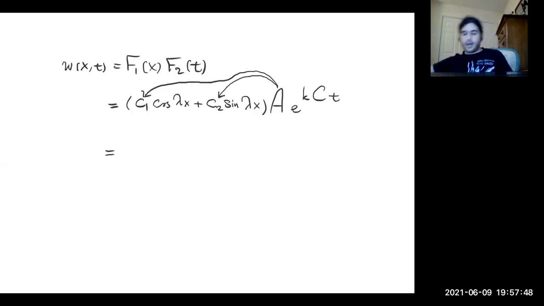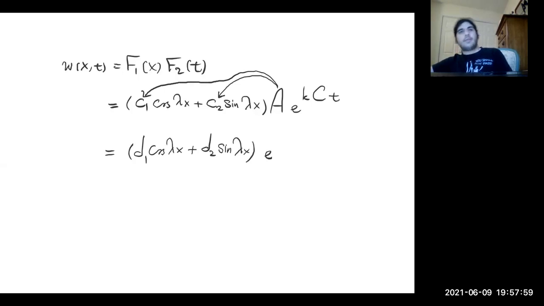I can just combine them to get, say, d1 cosine of lambda x plus d2 sine of lambda x. On the other hand, here I have kct, and as you mentioned, because c was negative, we could write c as minus lambda squared, right? Because c was negative, its negative would be a positive number, which I can write as lambda squared. So if I plug that in here, I would get minus lambda squared kt. So this would be the solution.